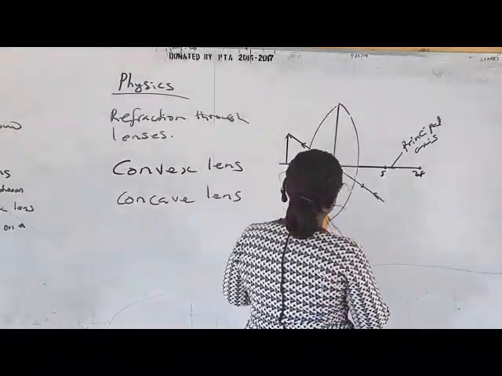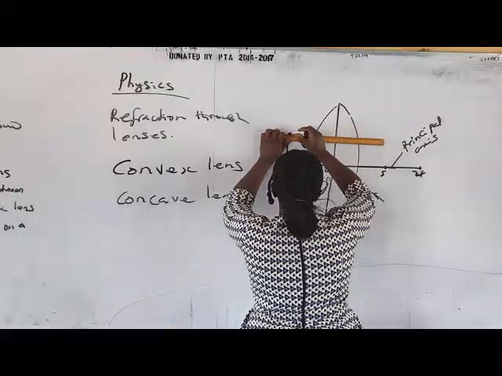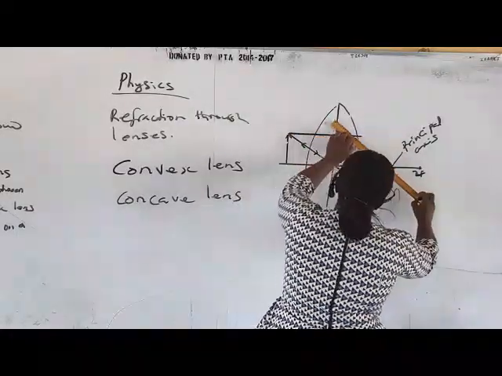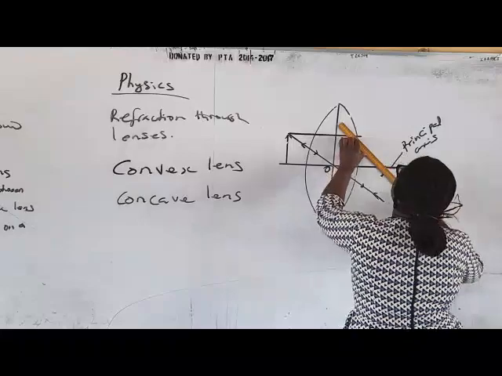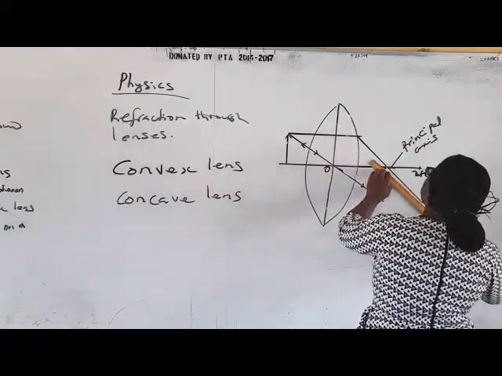The second rule says that a ray will come from the object and pass through the principal focus.